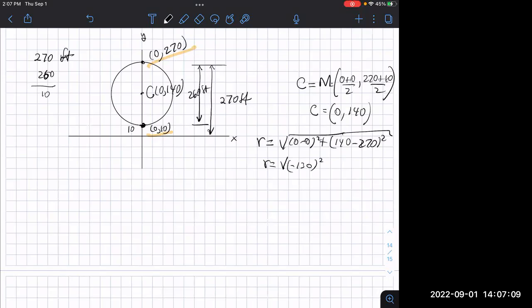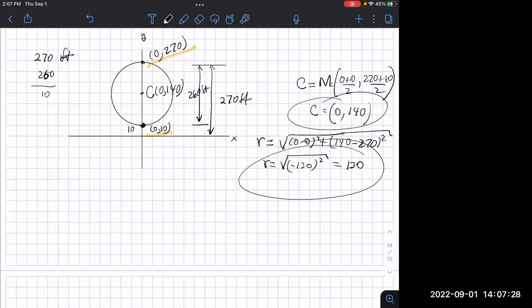When we square that and take the square root, it would just be 130. So you have the center and the radius.